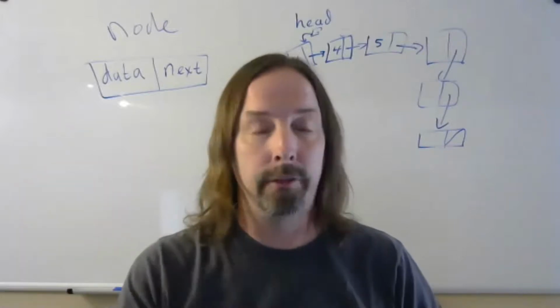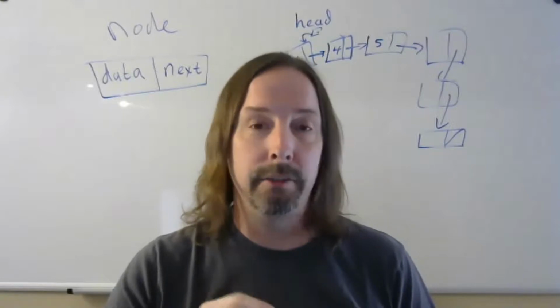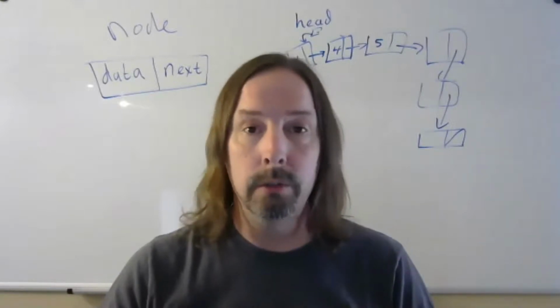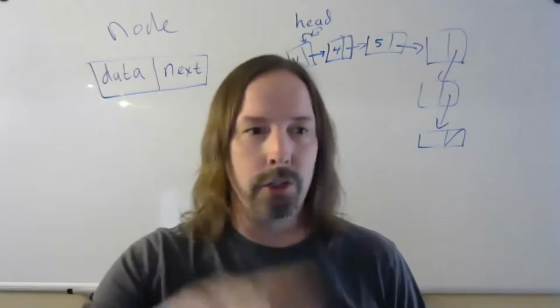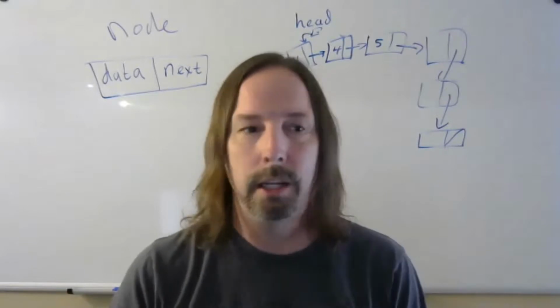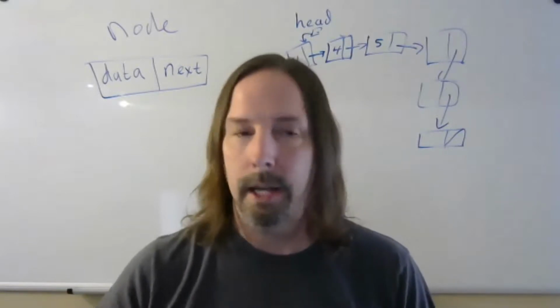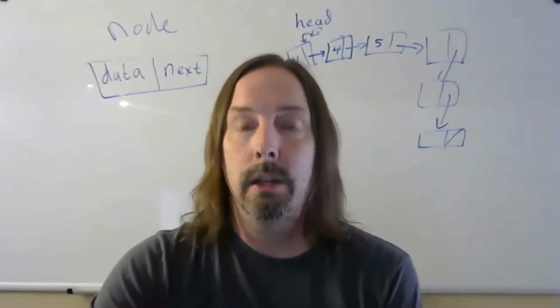Following them will be like following a spaghetti noodle. There's no way to find the 20th node. Now, do you see sort of why that is? You have to start at the head and move your way through the nodes in order to find any given node.